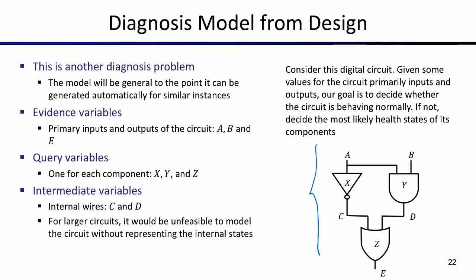We will need three variables, X, Y, and Z, one for each component, and those variables will have two different values. One is okay, and the other one is faulty. We'll see that we can make it a little bit more specific and replace faulty with one specific problem, for instance, stuck at 0 or stuck at 1.